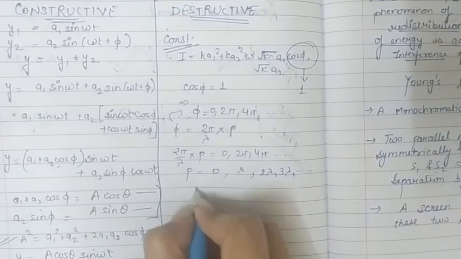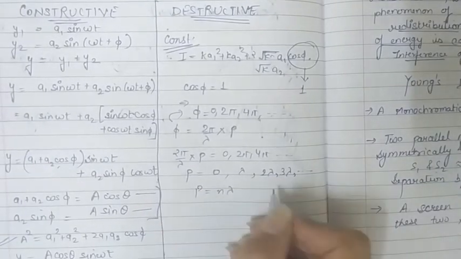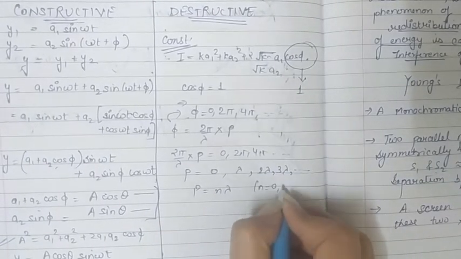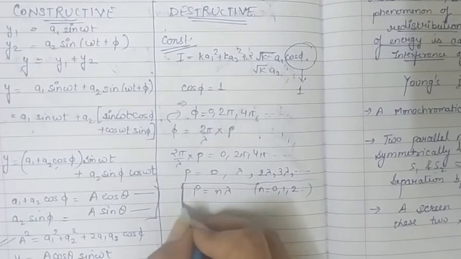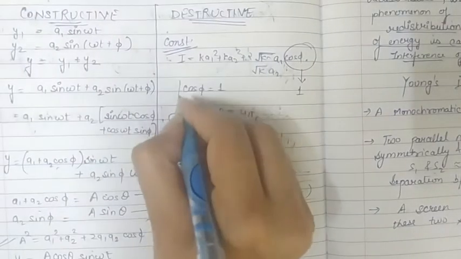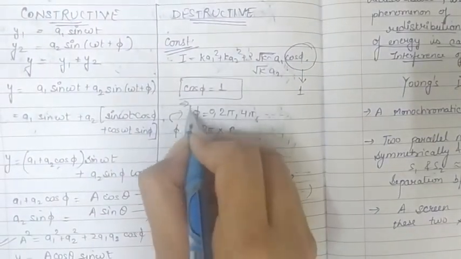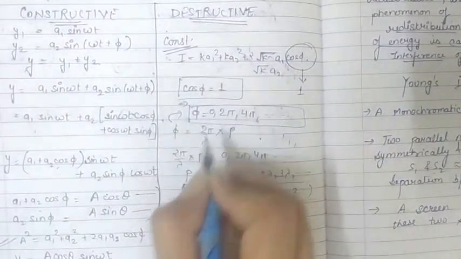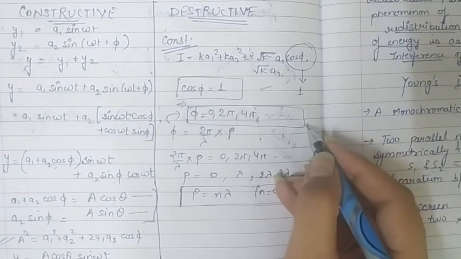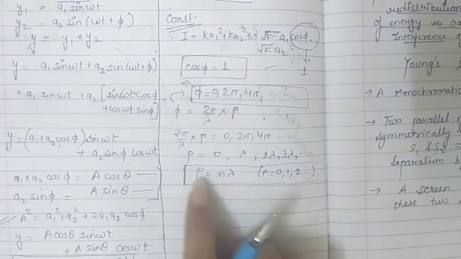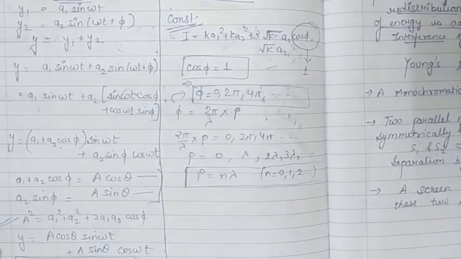Or in general we can write it as n lambda, where n is equal to 0, 1, 2 and so on. This is the condition for constructive interference: cos phi should be 1, phi should be 0, 2 pi, 4 pi and so on, and the path difference should be an integral multiple of lambda.